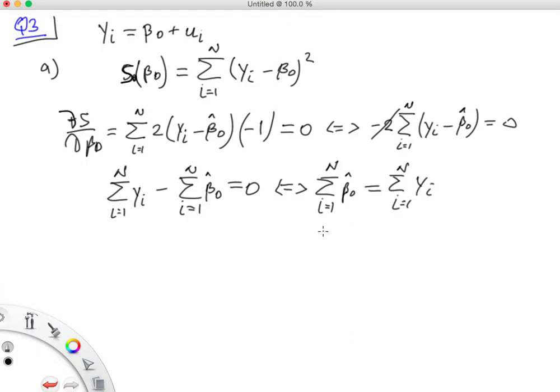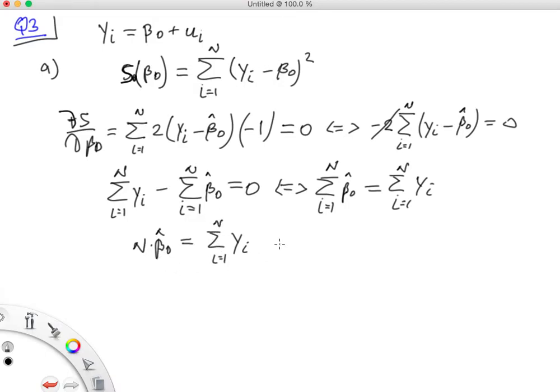Now here it is, and this one is a constant, so the constant rule of the summation operator tells us something interesting here. There are n of these beta 0 hats, so when you sum them up it will be n times beta 0 hat, equal to the sum of yi, which is governed by i, nothing changed, i equal to 1 to n.